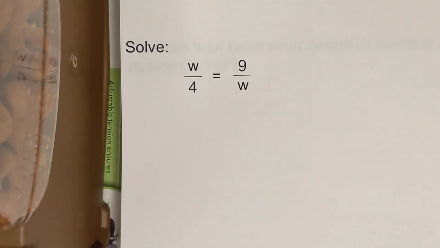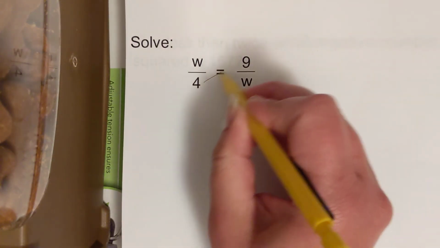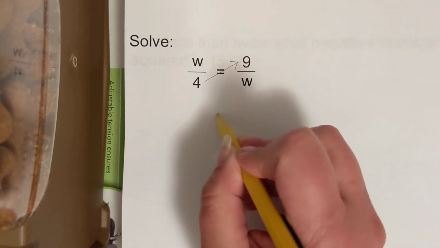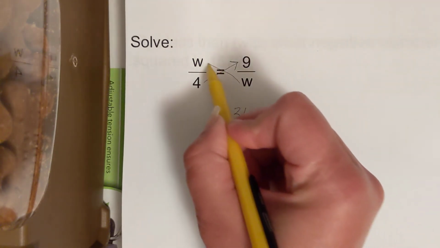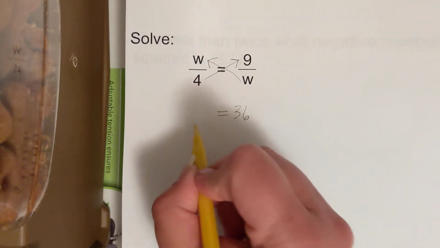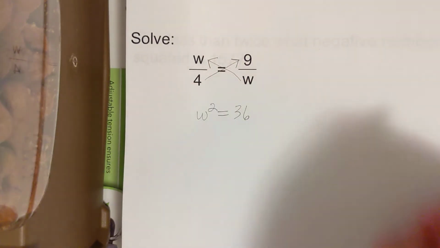Okay, for this example, we have a proportion and it says to solve. So we need to solve for the unknown, which is W. So the way that we're going to do this is we're going to do cross multiplication. So I have 4 times 9, that's going to give me 36. And I have W times W, which is going to give me W squared.